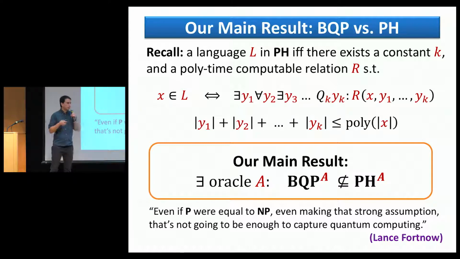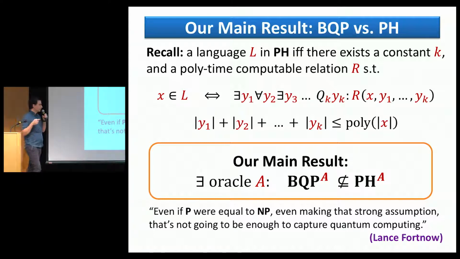You could imagine a world where P equals NP, and in such a world the entire polynomial hierarchy collapses to P. Even in such a world, there exist some tasks that a quantum algorithm can do that a classical machine cannot do. So quantum algorithms are capable of doing tasks that are outside NP, outside PH. This is fairly surprising, I would say.